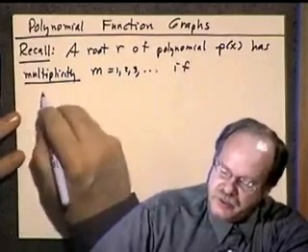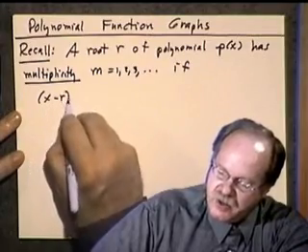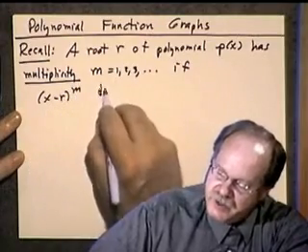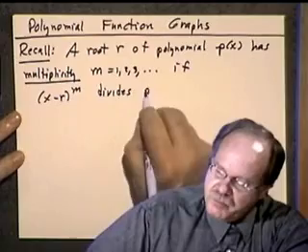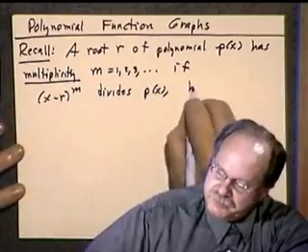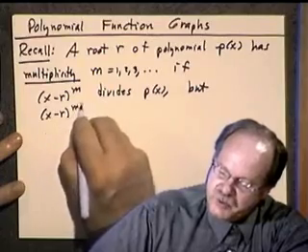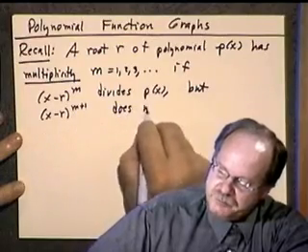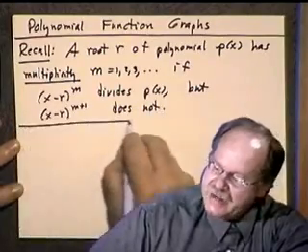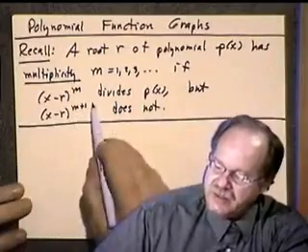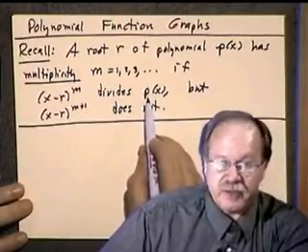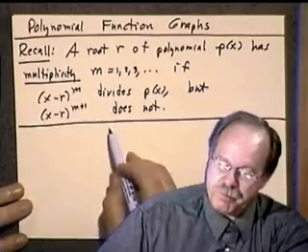Here's how you tell: if x minus r to the m power divides into p of x, but the next power, x minus r to the m plus 1 power, does not. So it is the highest power of x minus r that divides into p of x. That's the multiplicity of r.